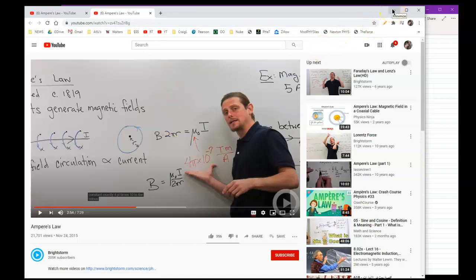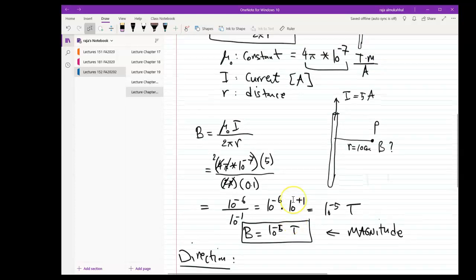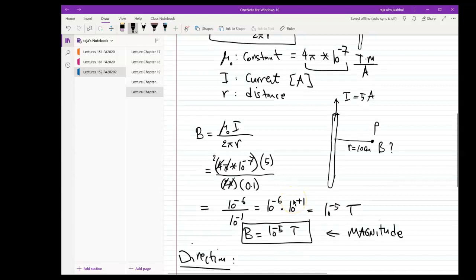Back to class. So basically, if I want to do the right-hand rule for this one here, imagine that I would grab this wire. I can grab it with my hand in such a way that my thumb is pointing in the direction of the current, so the curl of my fingers is going to be like that.